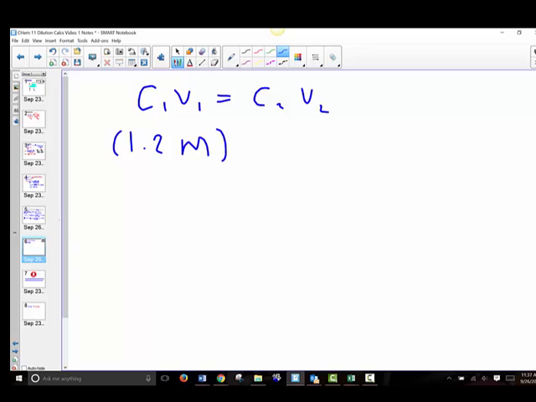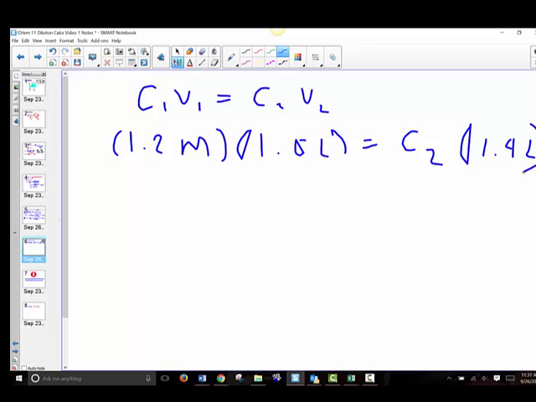Okay, times 1 liter, equals C2, which I don't know, I'm trying to find, but I am told that my new final volume is 1.4 liters. Okay, so I can go ahead and solve for C2 now.